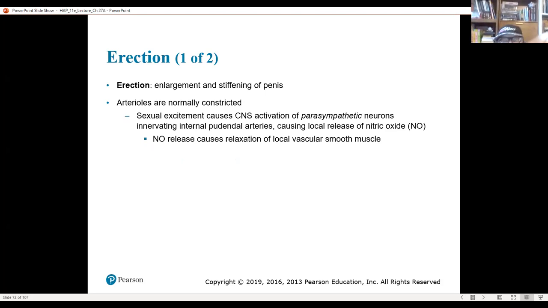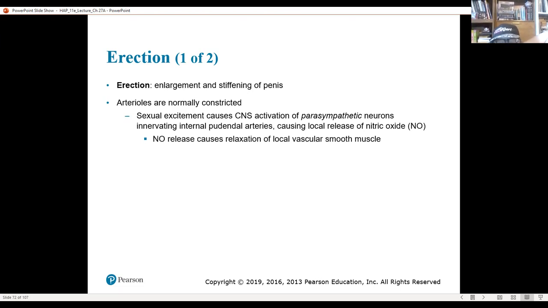So erection is the penis getting larger and stiffer. The arterioles that carry blood to the penis are normally constricted, vasoconstricted. And that means they're carrying a little blood, but not much blood. Sexual excitement will make the central nervous system activate parasympathetic neurons.